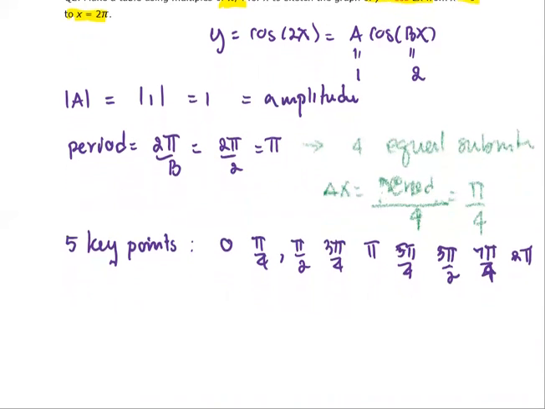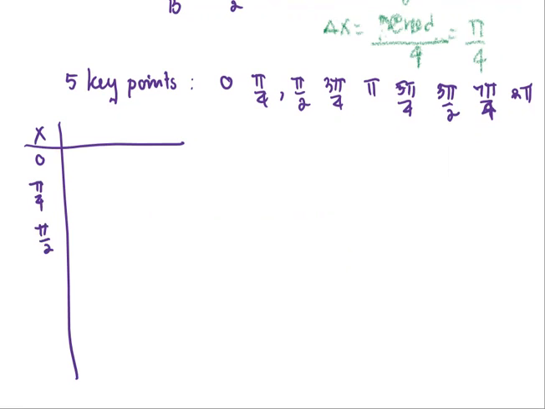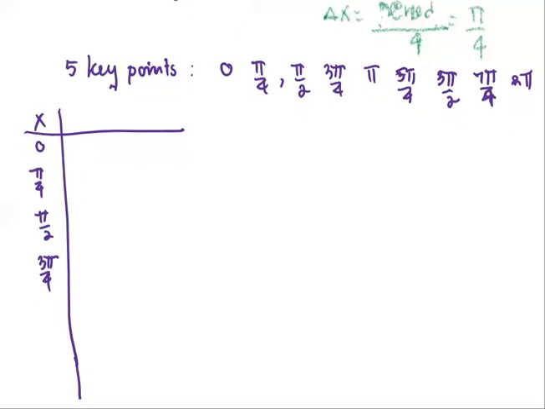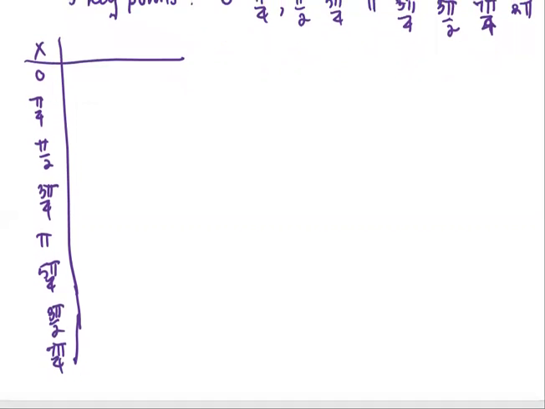So we're going to complete the table of values for x, starting with 0, pi over 4, pi over 2, 3 pi over 4, and keep going this way. This can be pi, 5 pi over 4, 3 pi over 2, 7 pi over 4, and the last one would be 2 pi.